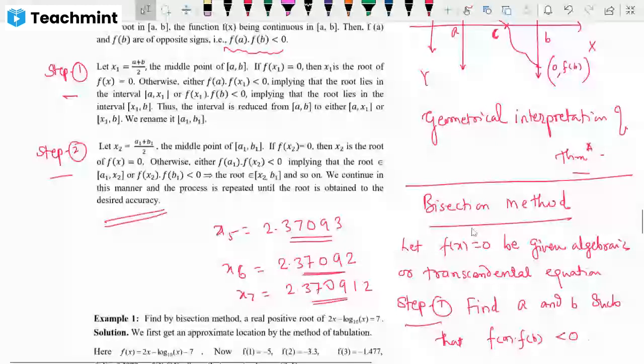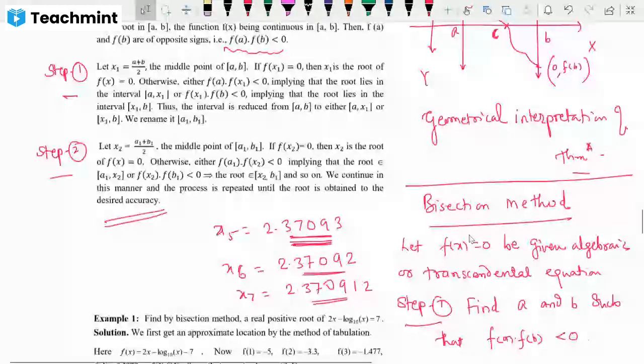So if they ask you to find the root of a given polynomial up to 3 decimal places or 4 decimal places, and if two consecutive values of x are equal in the first 4 decimal places, then you can stop this process.